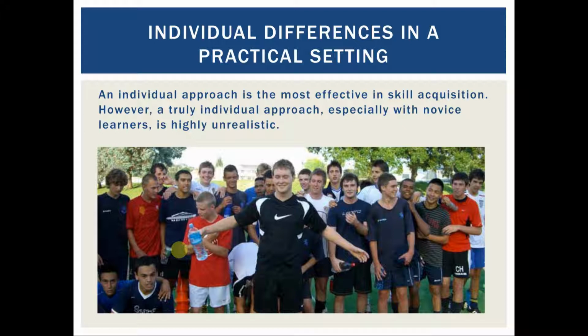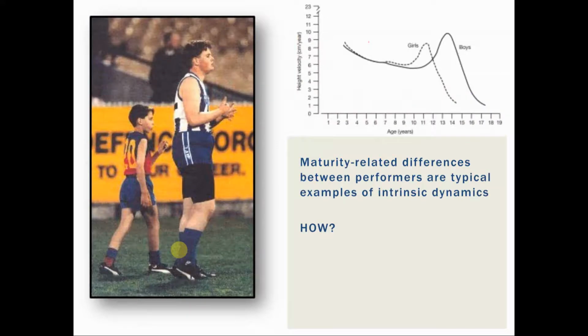But usually we don't just have one athlete, we have 30 athletes, just like you in your peer instruction session. So figuring out ways in which we can get an individual approach to happen, or ways in which we can deal with individual differences in large groups, is obviously quite challenging. If you look at one of the most commonly reported individual differences, they are maturity-related differences.